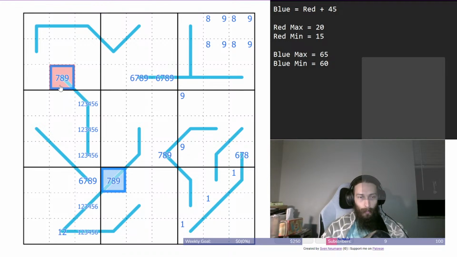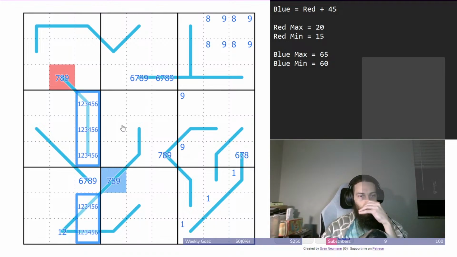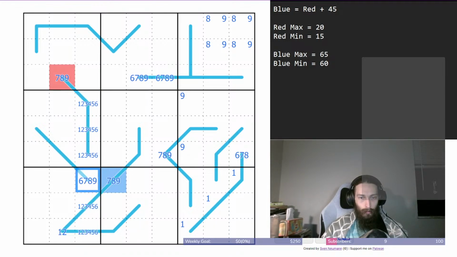Right. So their maximum sum is 8, 9, which is 17. This is minimum 1, which means the maximum for these is 16. So red is this digit.